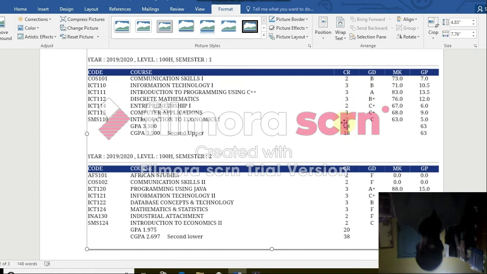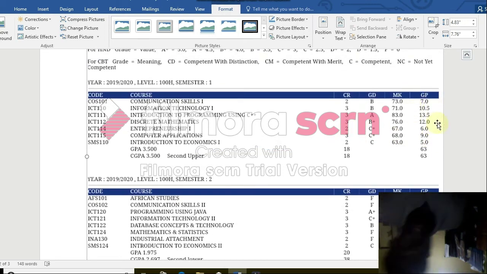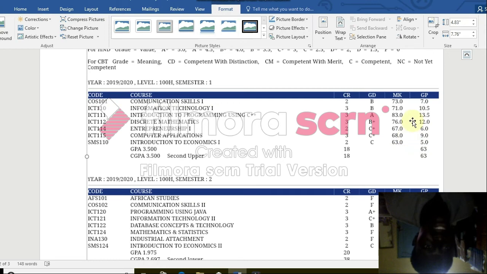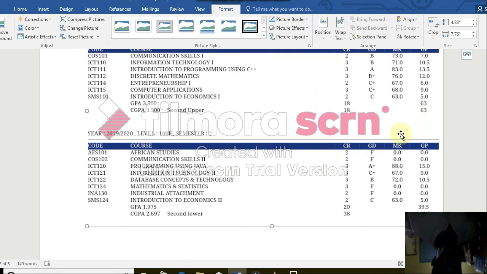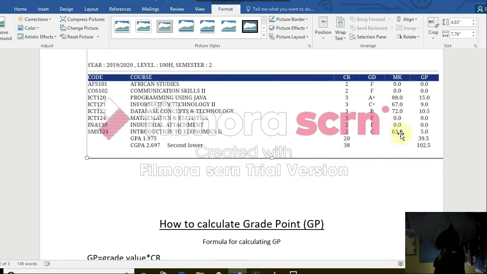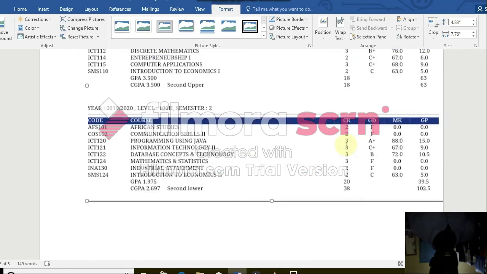Before we calculate the CGPA and the GPA, let's first look at how the grade point came about, how to calculate the grade point. It is the grade point that you are going to use together with the credit hours before you can get to your GPA and the CGPA. So you must know how we came about the grade point. For you to get the grade point, you need to look at the grade value.